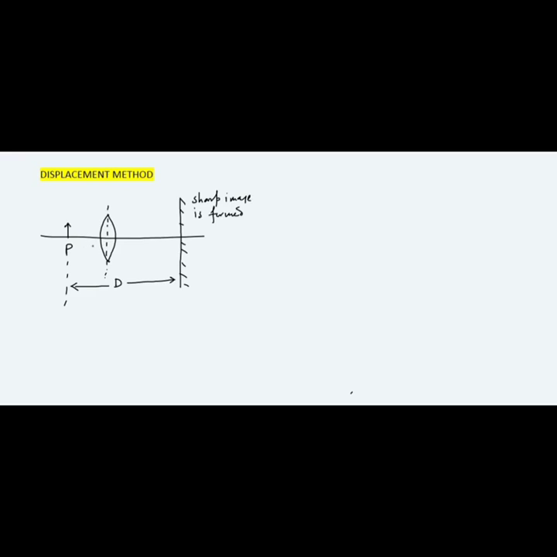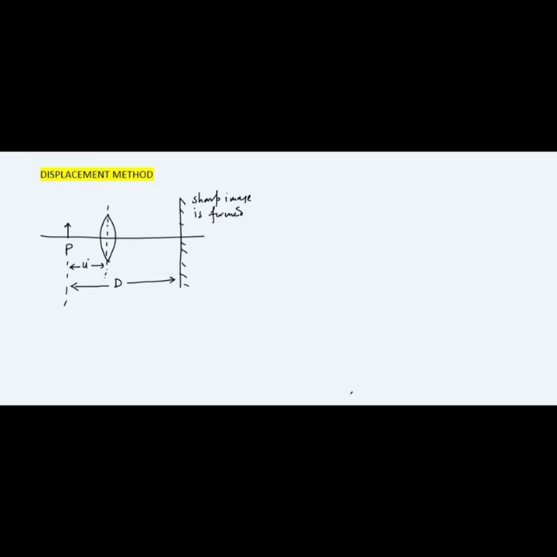Suppose the distance from the object to the lens is u. For this u, a sharp image is formed here. Understood? Remember, the object and the screen are kept fixed. You cannot move these two.